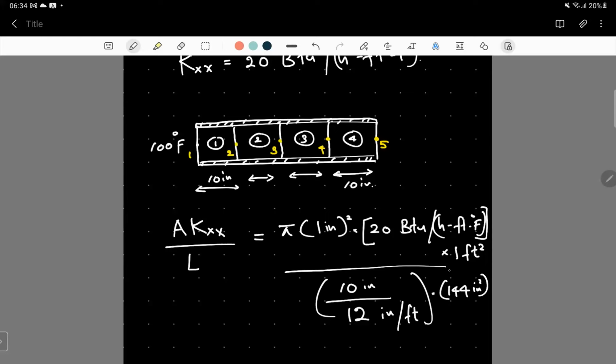Mind you, on the numerator it's πr squared, π(1 inch) squared, so this inch squared term has to be converted to feet. And on the denominator, we have 10 inches, the length, which again has to be converted into feet. So that is why we see this 144 value, 12 times 12, also appearing in the denominator.